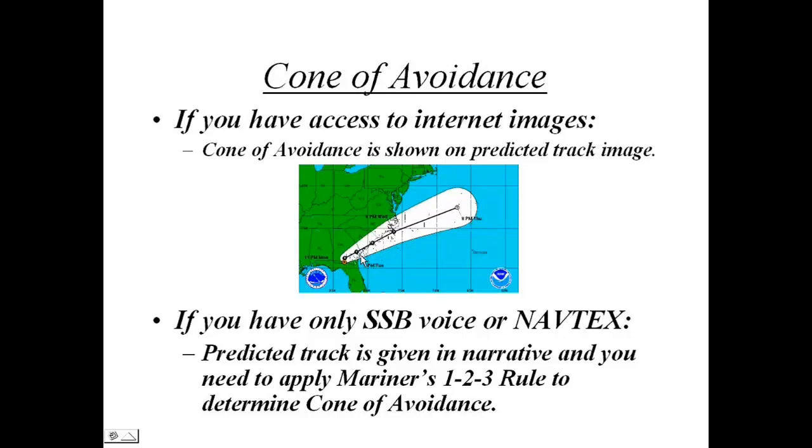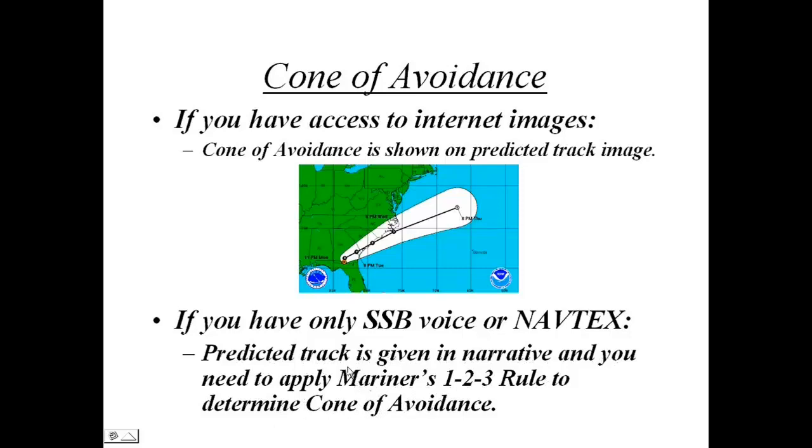You want to maneuver your boat to stay out of that cone. If you don't have internet images and you have only the voice forecast over single sideband radio or the NAVTEX, the predicted track is given in a narrative, and you need to apply the Mariner's 1, 2, 3 rule to determine the cone of avoidance.